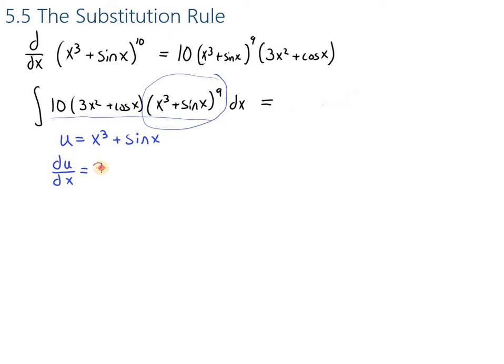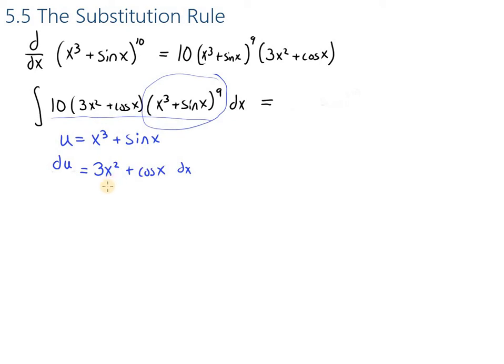Because of that, I have to go with this as being my du. And it turns out that we will typically want to multiply both sides by dx on this equation. So usually rather than writing it like this, let's take that dx out of there, multiply both sides by dx. So usually you'll see this expression just written from the beginning like this.